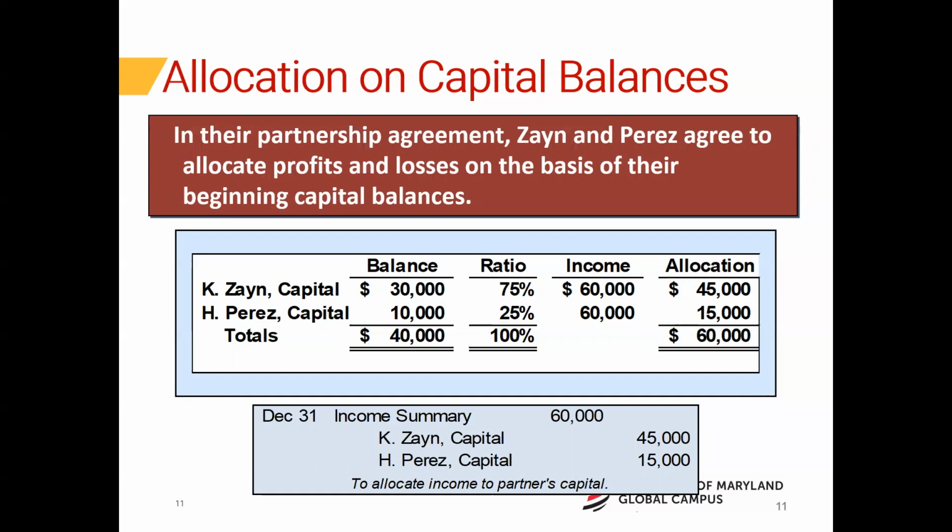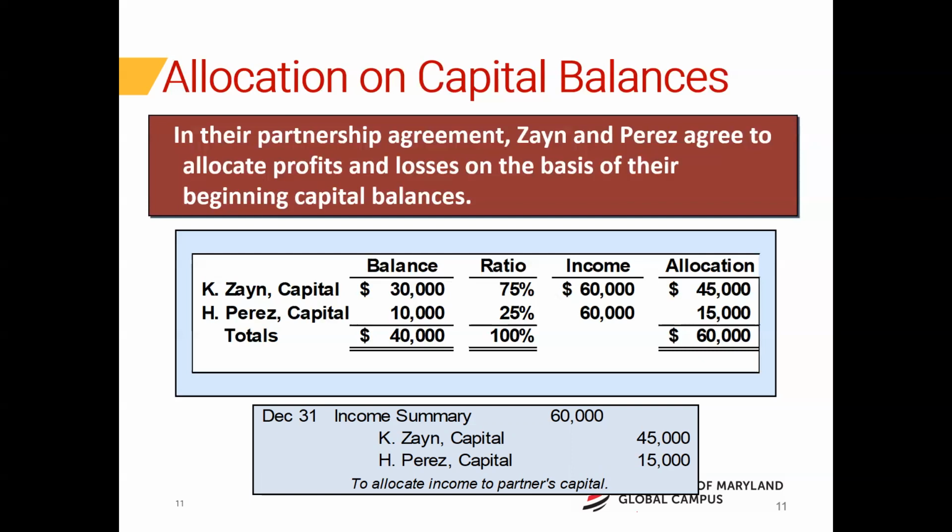Now remember that the 30,000 came from Zane bringing in a building, some cash and a loan. That's how we got the balance of 30,000. Perez brought in 10,000 in cash.